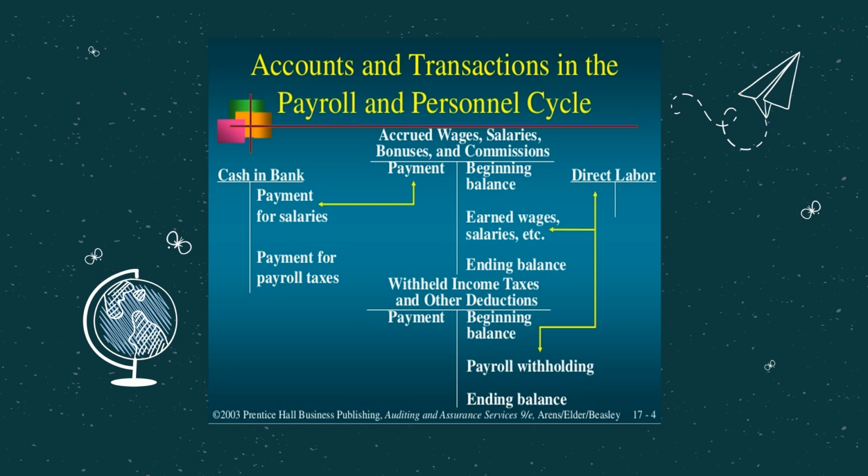In most systems, the accrued wages and salaries account is in use only at the end of the accounting period. Throughout the period, expenses are charged when the employees are actually paid rather than when the labour costs are incurred. Accruals for labour are recorded by adjusting entries at the end of the period for any earned but unpaid labour costs.